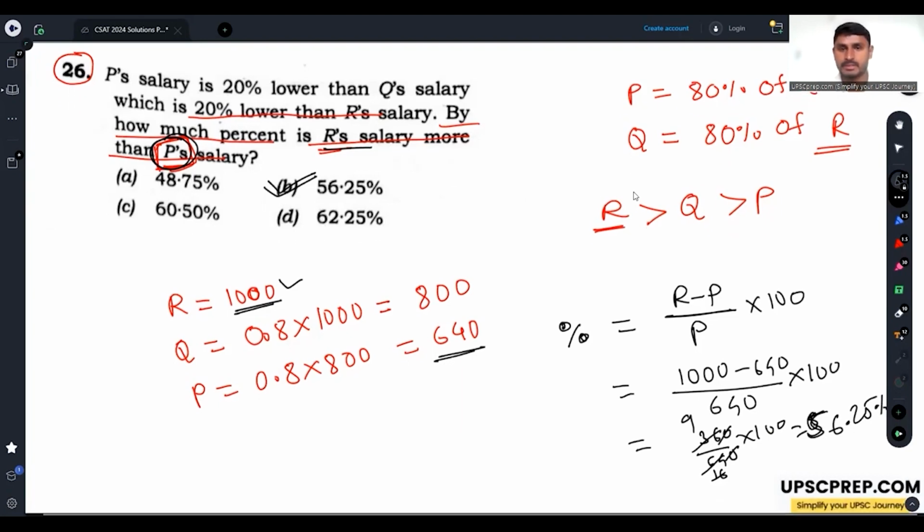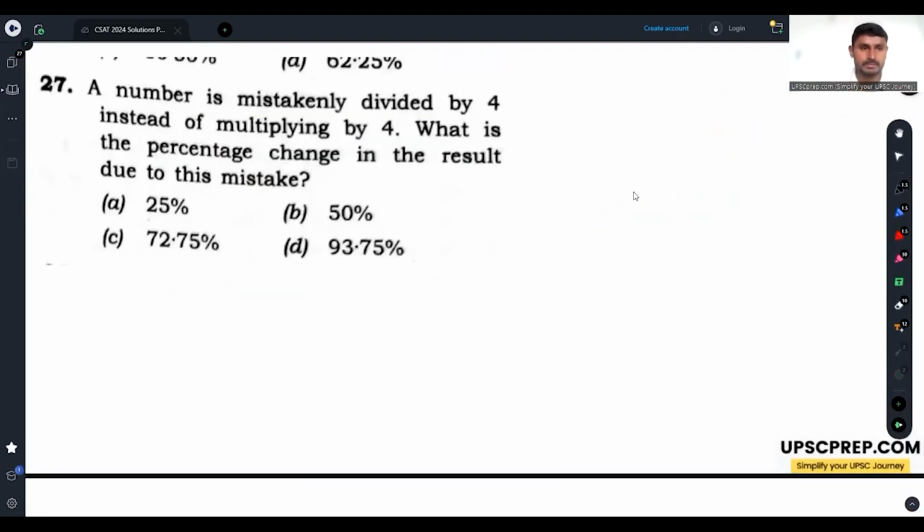Again, easy question, right? See this question, guys. A number is mistakenly divided by 4 instead of multiplying by 4. Okay, what has happened? Let's say there is one number, x, you wanted to multiply it by 4. So this should have been the original answer, right?